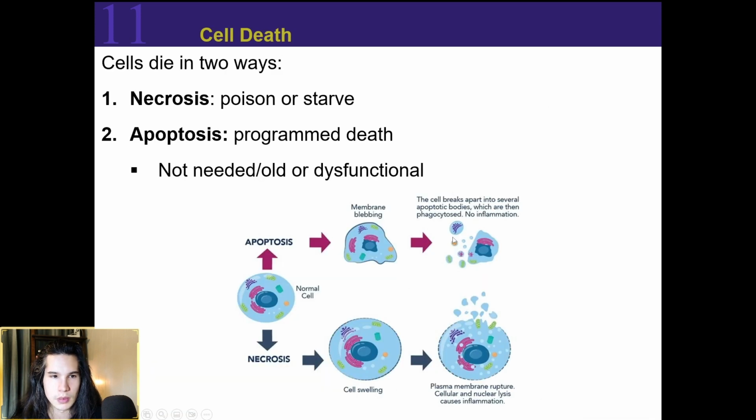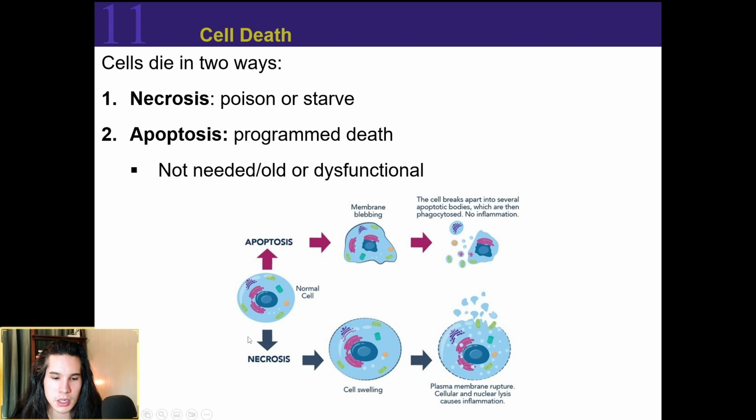Okay. So last, let's talk about different ways your cell can die, or cell death. Cells can die typically in 2 ways. The first one is necrosis. This is kind of like a natural causes of death. You could have poison, or your cell itself could starve to death. We would call that necrosis.